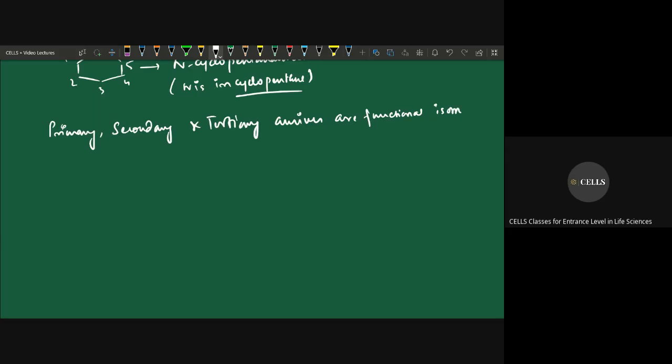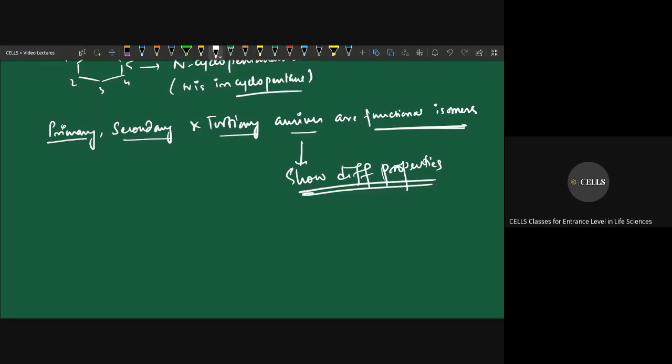We'll discuss these isomers in the isomerism class. So primary, secondary and tertiary amines are the functional isomers, and they show different properties. We will discuss what the different properties are in the isomerism section.